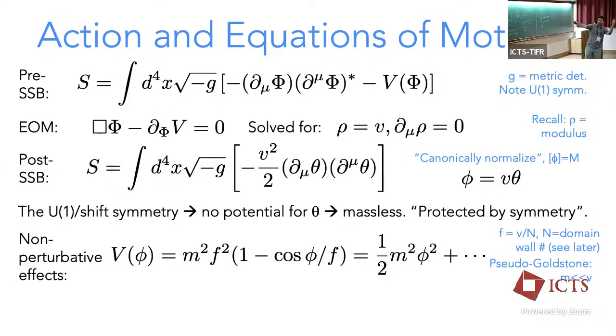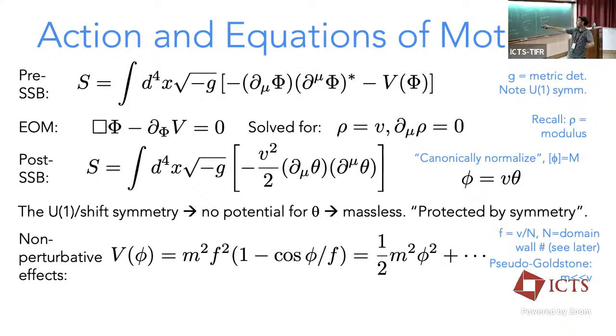The non-perturbative effect just means at some point I write down an explicit potential that depends on this field phi. The potential is m squared f squared times (1 minus cosine of phi over f), which is just the real part of phi. So I've just biased the potential along one particular direction. I write down plus real part of complex phi.